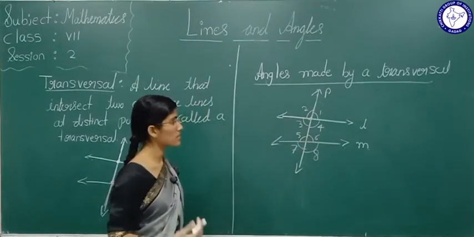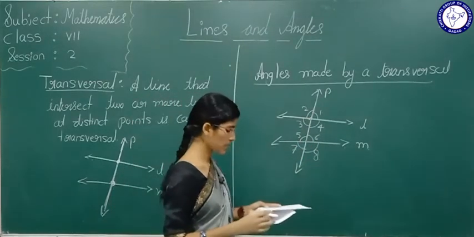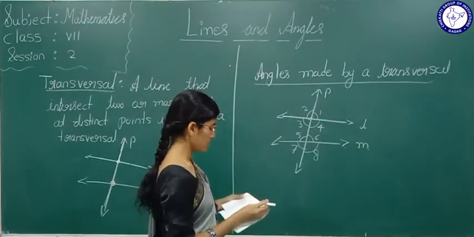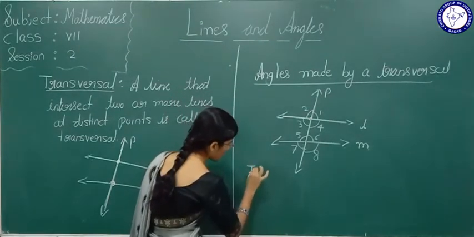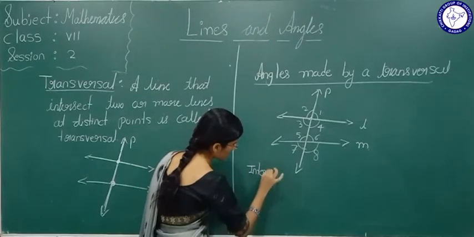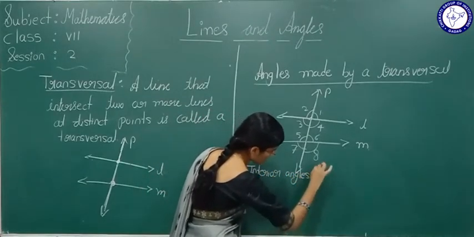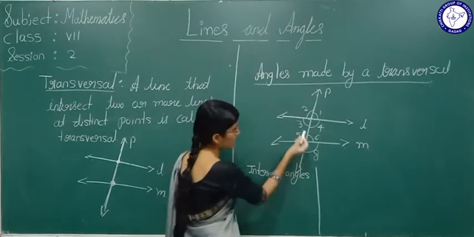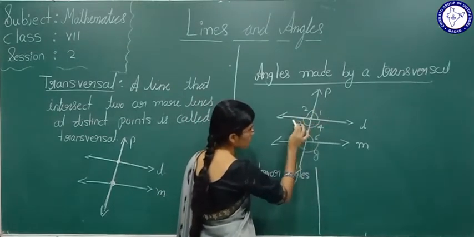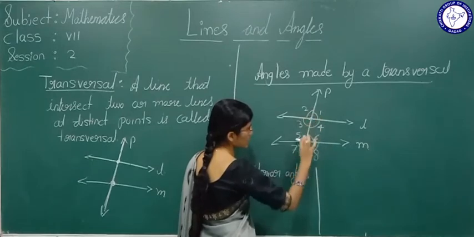Now these angles have special names. Interior angles. Interior angles means those angles which are inside these two lines.